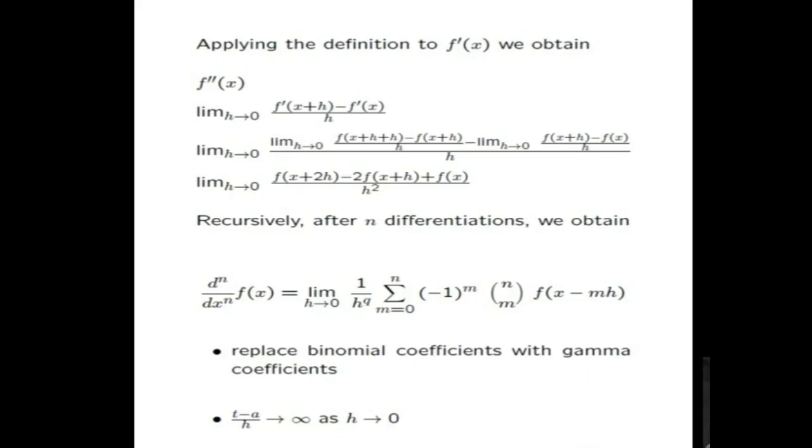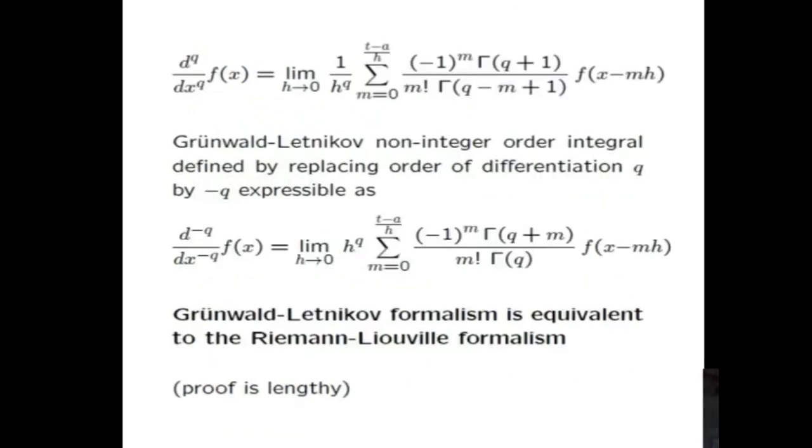So to even generalize the result more, they replace the binomial coefficients with the corresponding gamma coefficients, and the upper limit of summation is replaced with t minus h over h, which tends to infinity as h tends to 0. Okay, so how they obtain the integral operator from their derivative operator is by replacing the order q with negative q. Okay, and so we know that the Grünwald-Letnikov formalism is equivalent to the Riemann-Liouville formalism. Okay, it can be shown, but the proof is very long, so we're going to go on to our next topic.